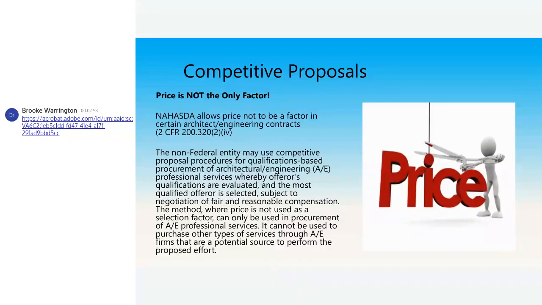This method, where price is not used as a selection factor, can be used in procurement of A&E professional services. It cannot be used to purchase other types of services through the A&E firms that are a potential source to perform the proposed effort.